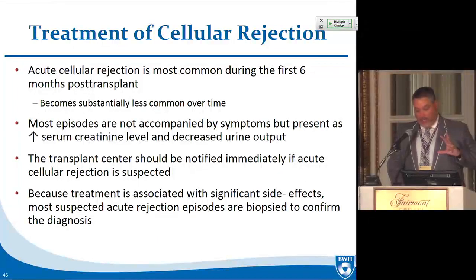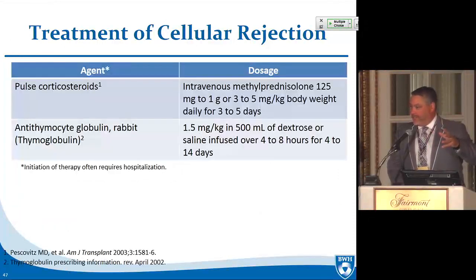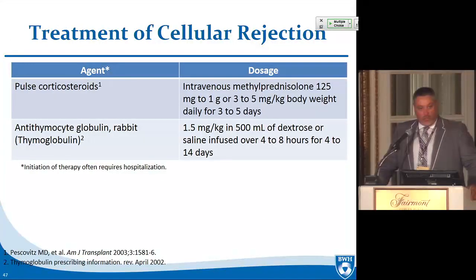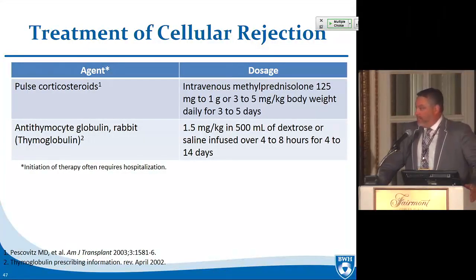And I swear to God, guys, I'm almost done. A few more slides. Cellular rejection, you need to deplete T cells. So you can deplete with pulse dose corticosteroids, 250 to 1,000. In kidney transplant, doses above 500 tend not to be more efficacious than 500 milligrams. So generally, most folks don't give higher than a 500 milligram bolus, but generally give for 3 consecutive days as a T cell depleting agent.